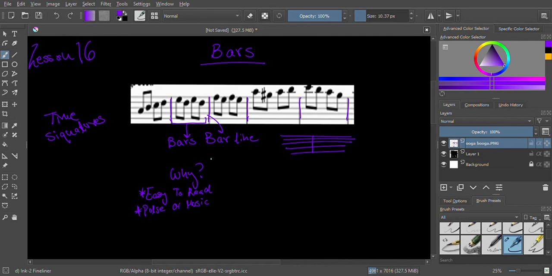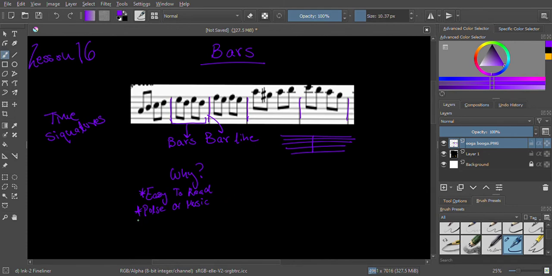So it'll be like this: Twinkle Twinkle Little Star, how I wonder what you are, up above the sky so high, like a diamond in the sky. As you can see, it's very much in sync with the pulse of the music, and that's something very important with bars, and that's another reason it helps us.